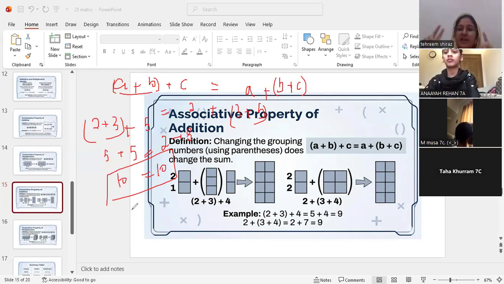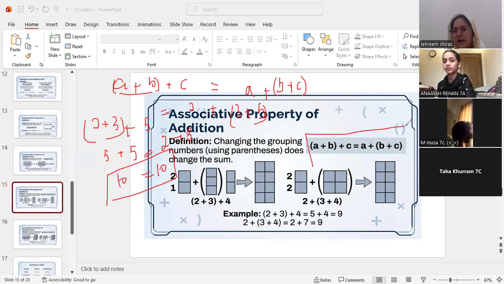If you change the grouping of the terms, the answer remains unchanged. Just remember this: if you change the parentheses, if you change the brackets of the digits, then you will have the same answer, right?